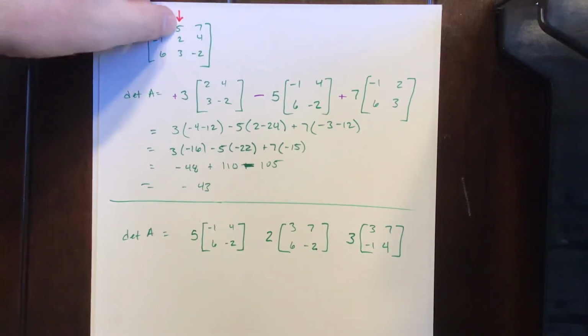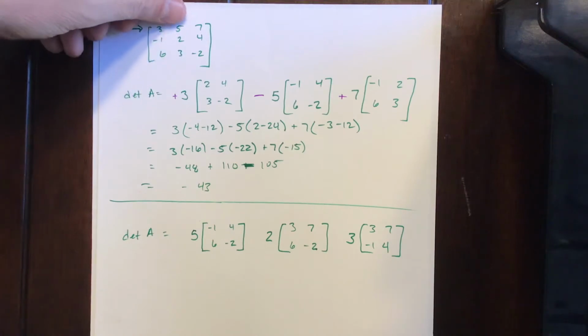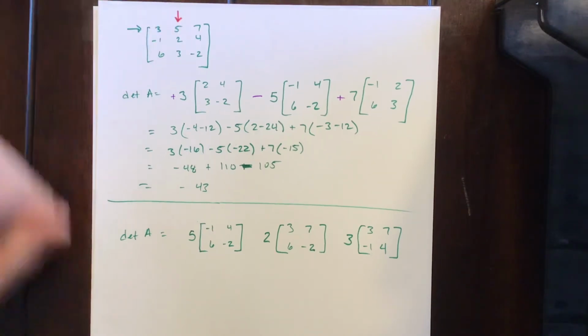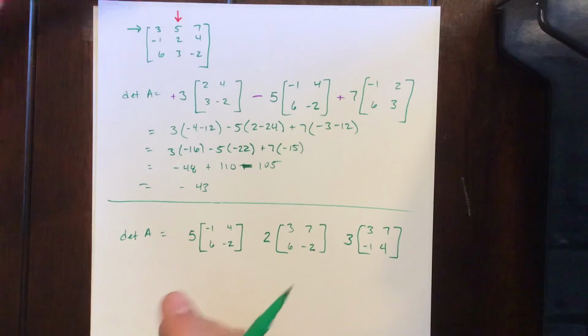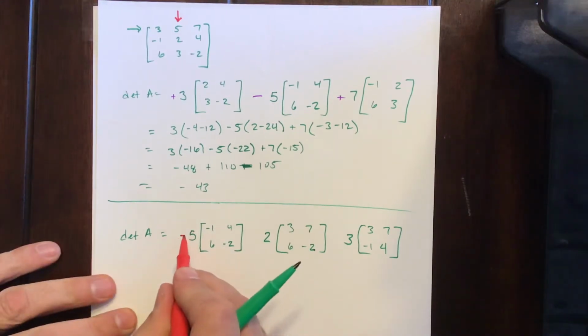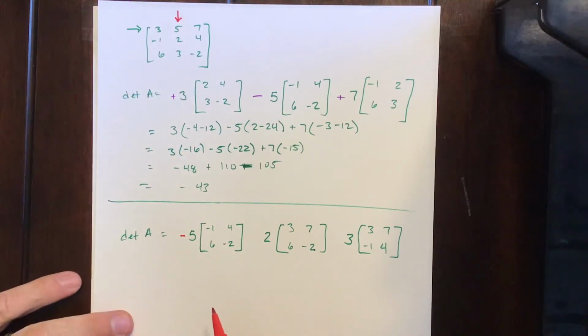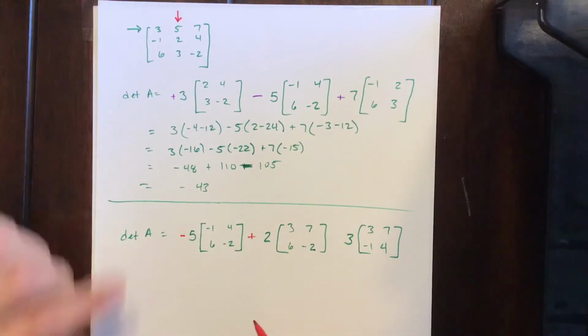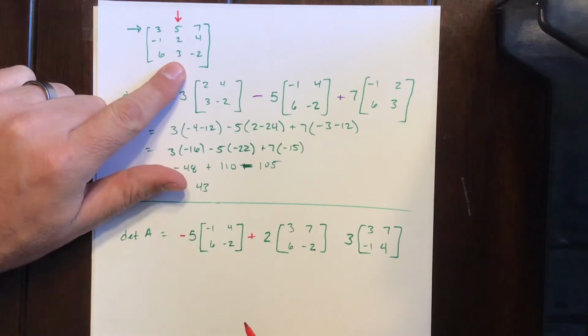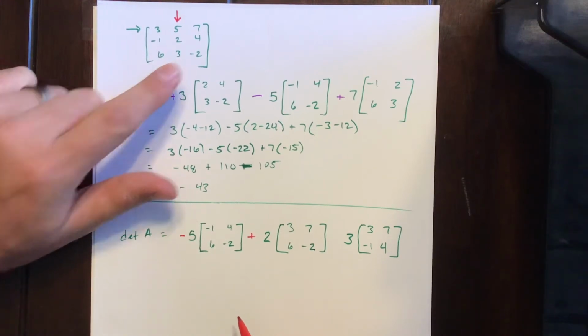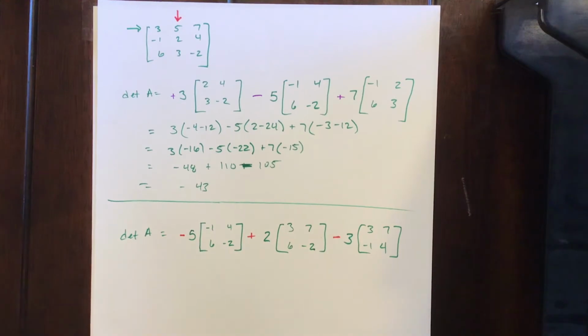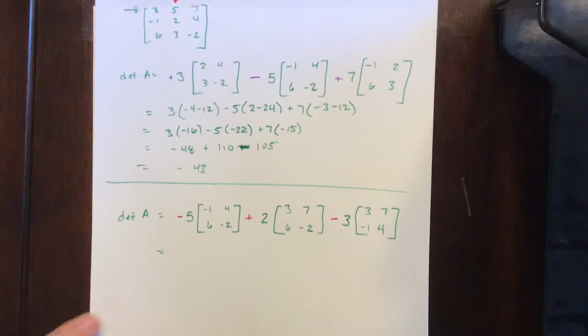The 5 is in row 1, column 2, so that's negative 1 to the 1 plus 2, negative 1 cubed, so that's a minus. This is row 2, column 2, so negative 1 to the 2 plus 2, that's positive. And this is negative 1 to the 3 plus 2, row 3, column 2, that's negative. So minus plus minus. And let's make sure we get negative 43.